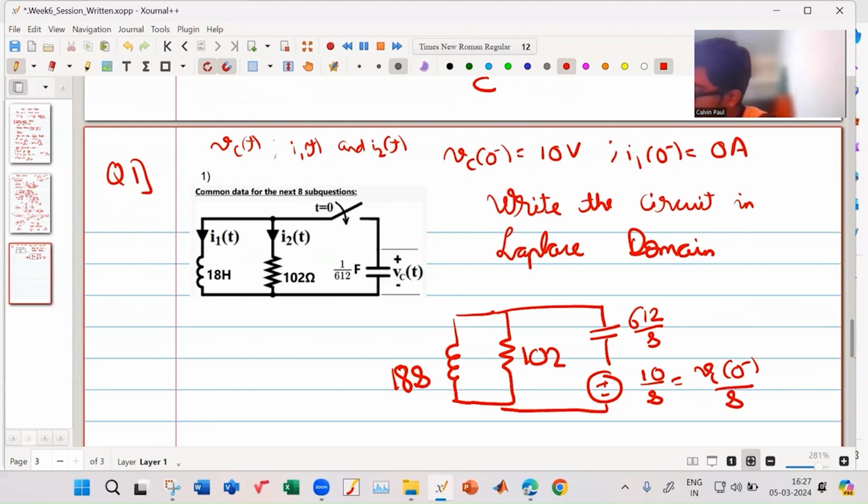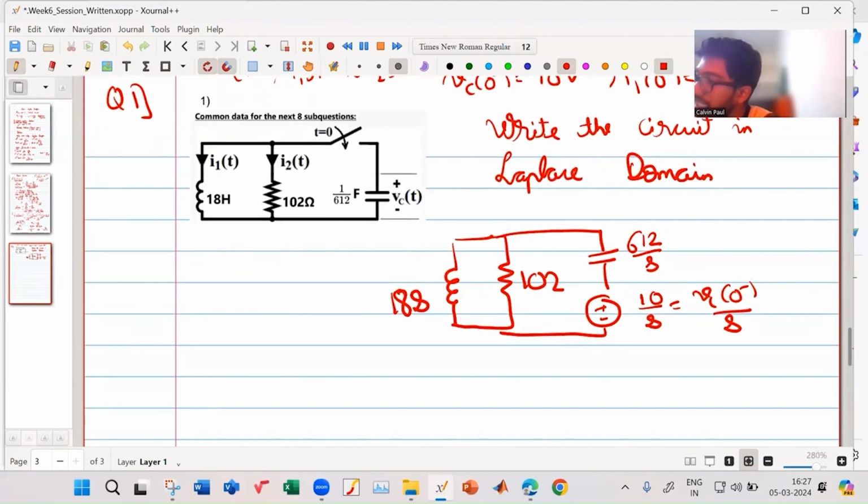This 10 by S has come because of the initial voltage condition. So now we have to solve this. Suppose this is my I of t, this is I1 of t, and this is I2 of t.